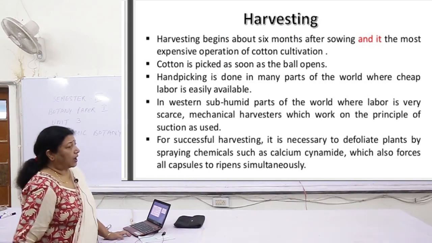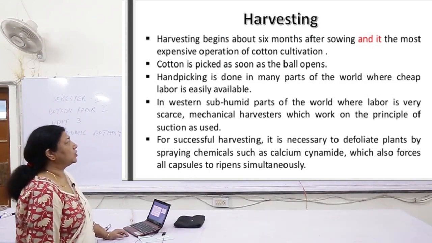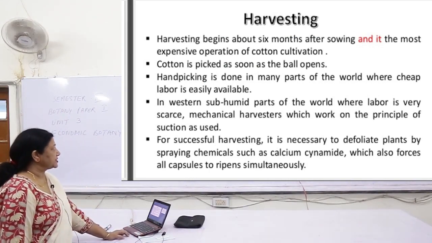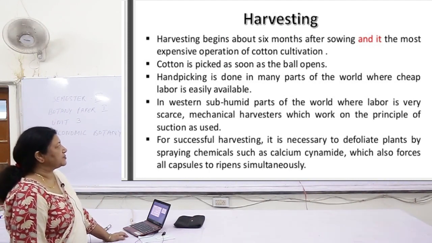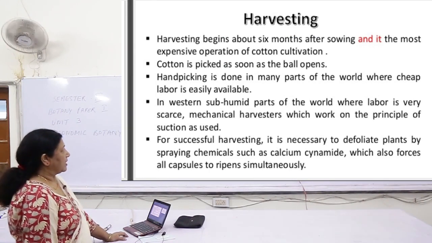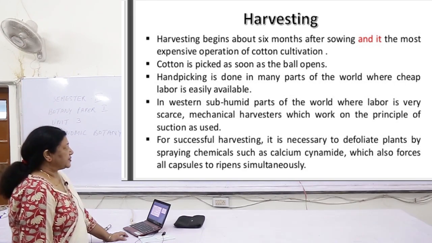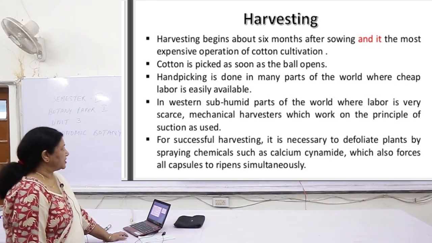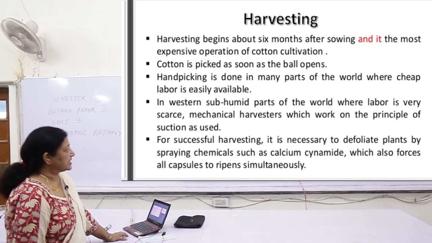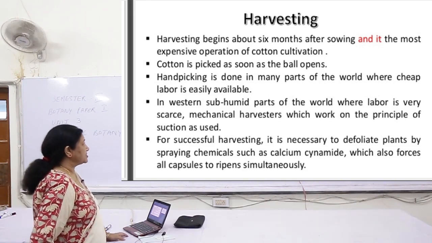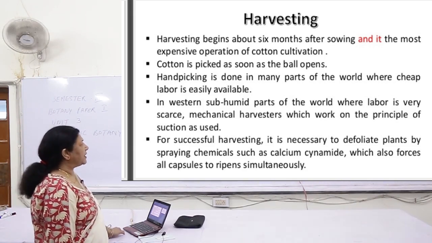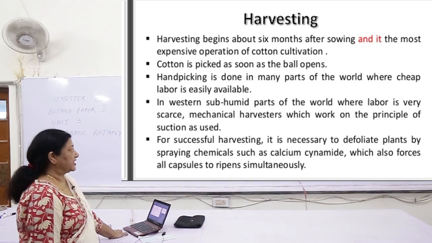Harvesting. Now how do we extract or get this cotton from the surface fibers? Harvesting begins about 6 months after sowing, and it is a very expensive operation in cotton cultivation. Cotton is picked as soon as the boll opens. Hand picking is done in many parts of the world where cheap labor is available.